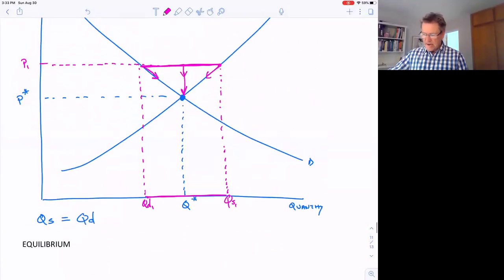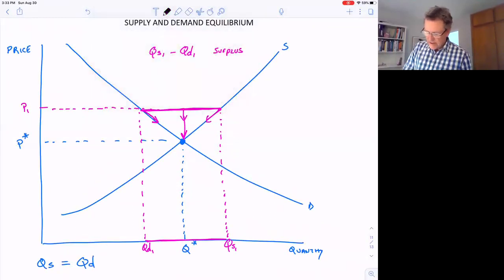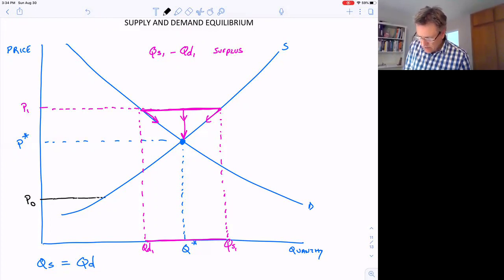Now, what about if the price is below equilibrium? We can tell a very similar story. Say the price is P0, way down here. This is P0. And we can go over here to the supply curve and see what the quantity supplied is going to be. We'll call that QS0, quantity supplied 0, at price P0.